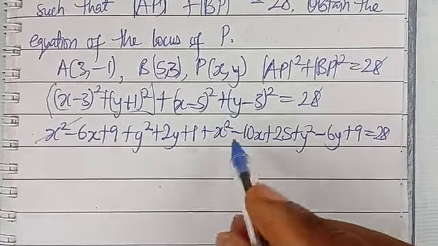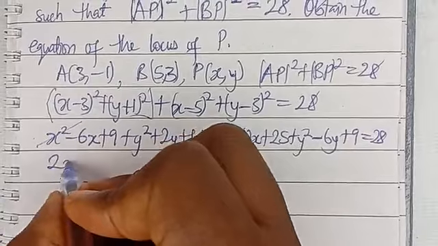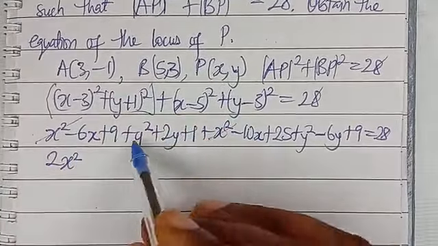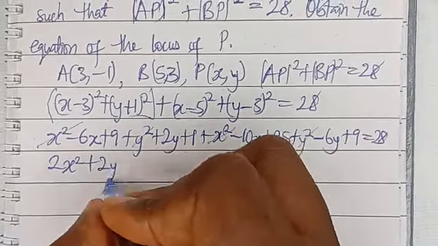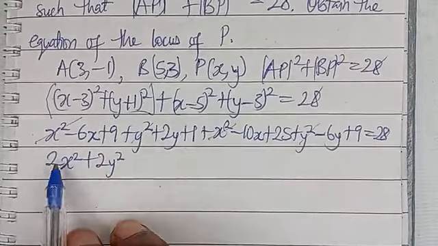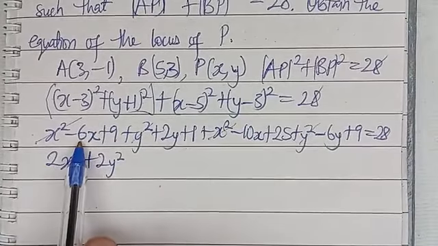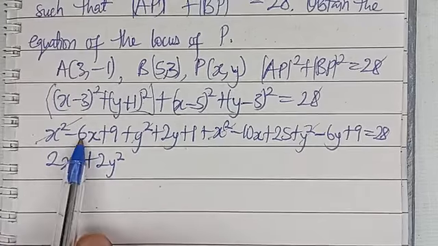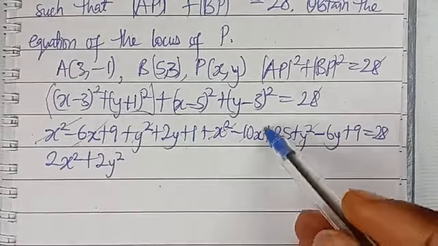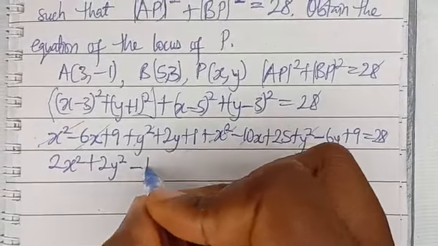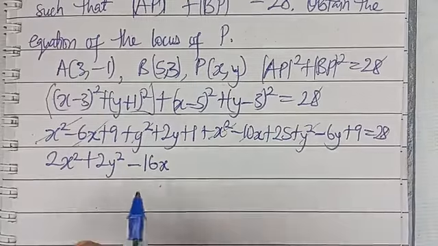This x squared plus this x squared gives us 2x squared. Then this y squared plus this y squared gives us 2y squared. Then let us collect the terms in x. Minus 6x and then minus 10x gives us minus 16x.